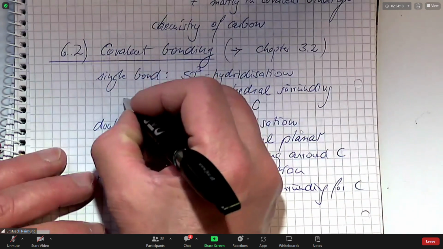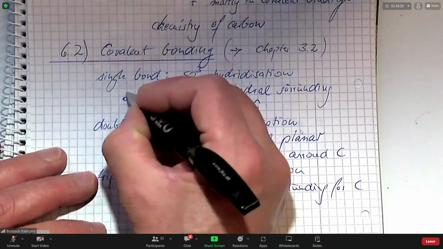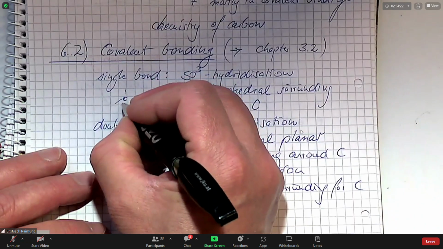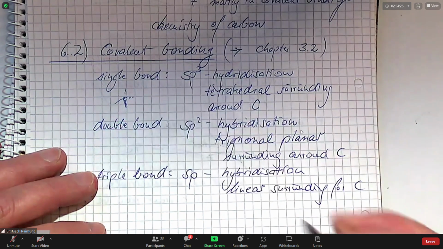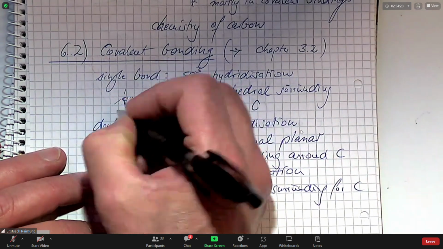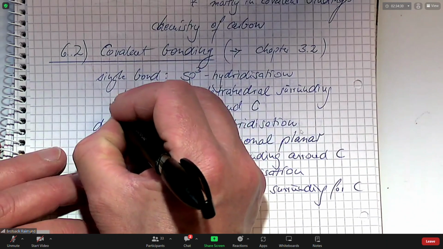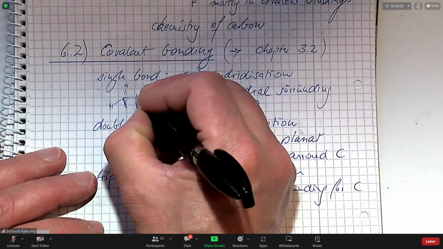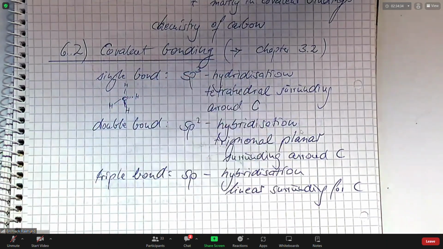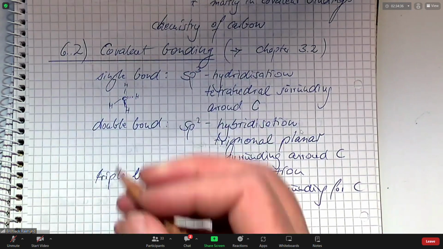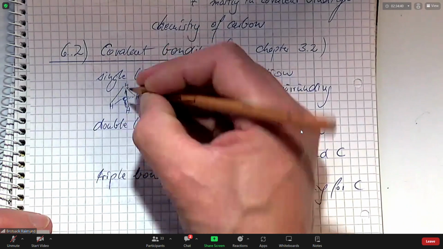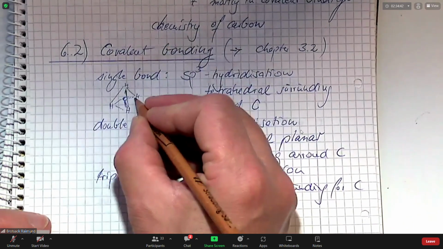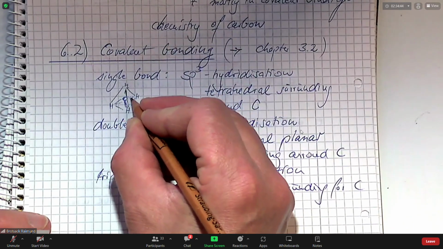Here we have the tetrahedral, the carbon in the middle, and we have these 4 edges. When we talk about methane, it's an H, H, H, and H, and this is the tetrahedron, with this triangle at the bottom.